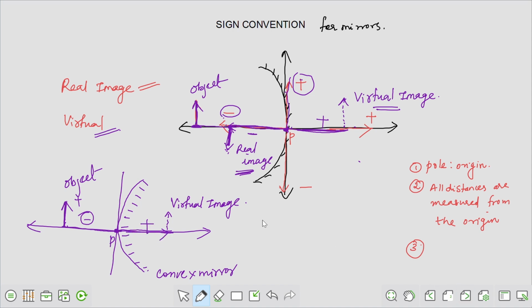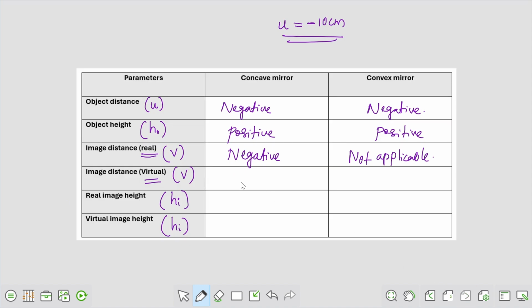This is the distance. So distance is measured along the axis. Height is above or below the axis. So image distance, if it is virtual, is positive for convex and positive for concave also. Both concave and convex, both are positive.